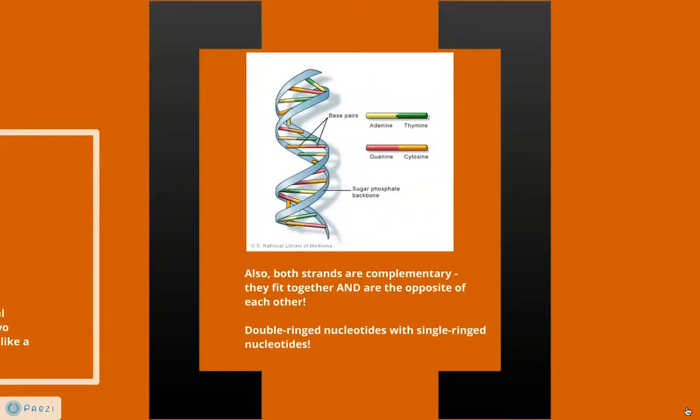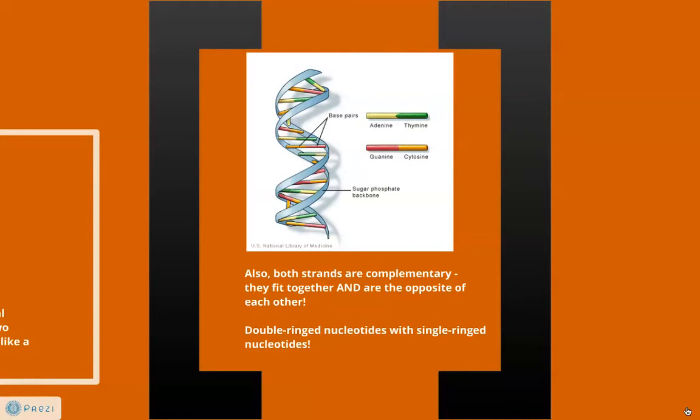And they were right. In fact, these strands were complementary, and this should remind you of geometry. Complementary means that they fit together and that they are the opposite of each other.